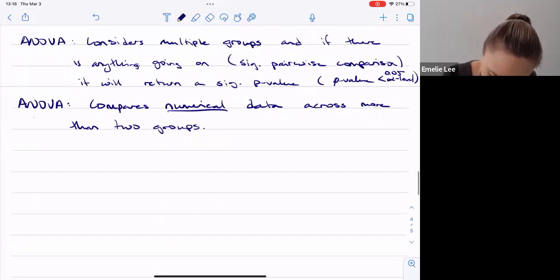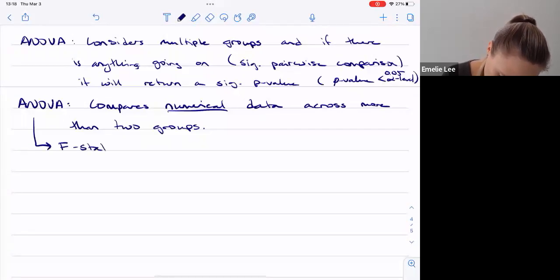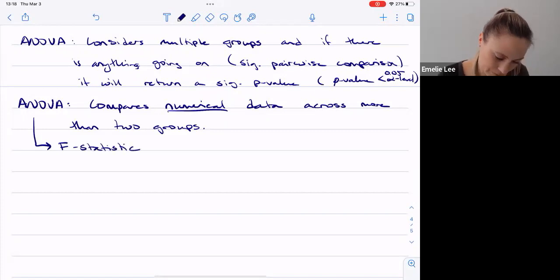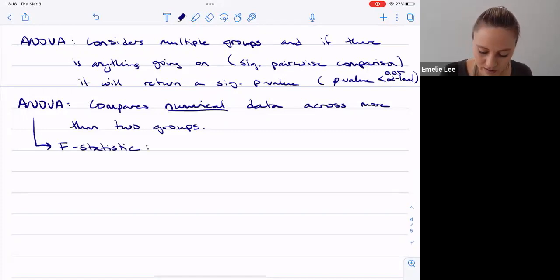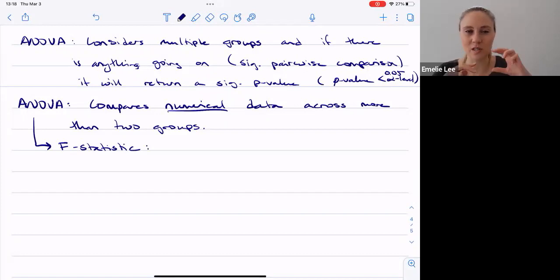And so an ANOVA calculates an F statistic. So an F statistic measures, so this is where I was saying, it looks at the variability within each group, and then it looks at the variability across the groups, right?